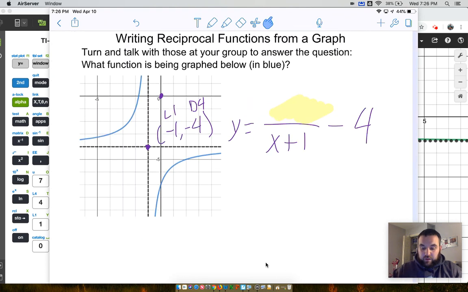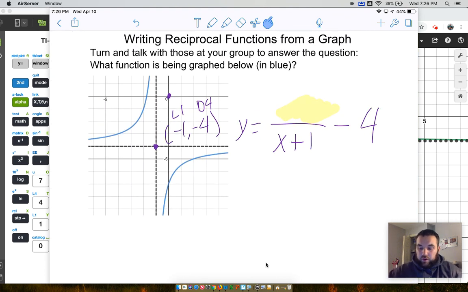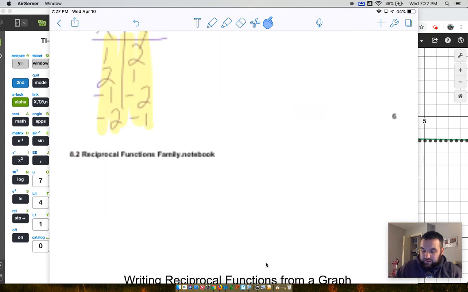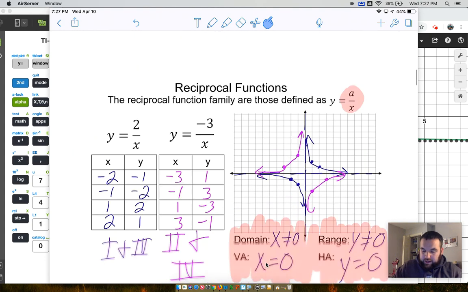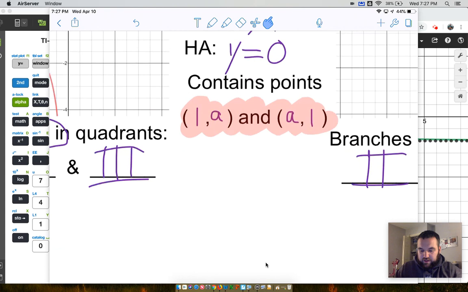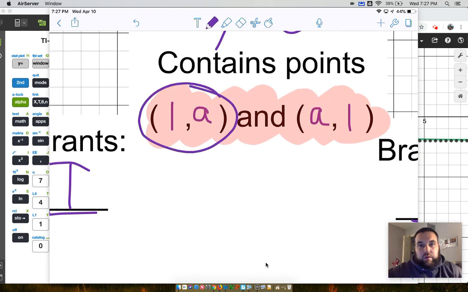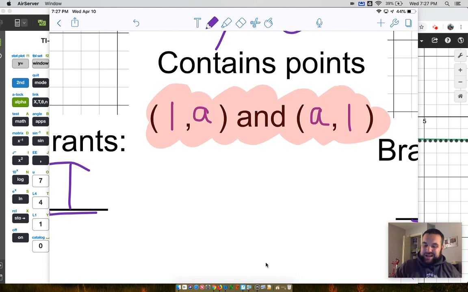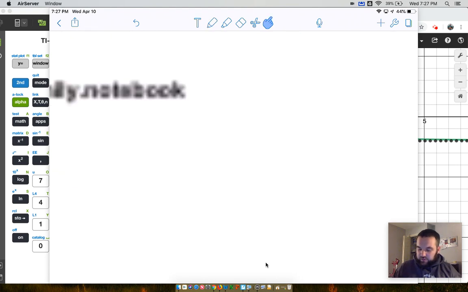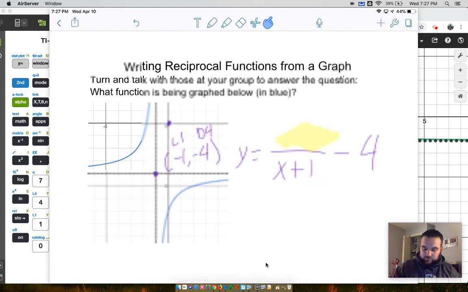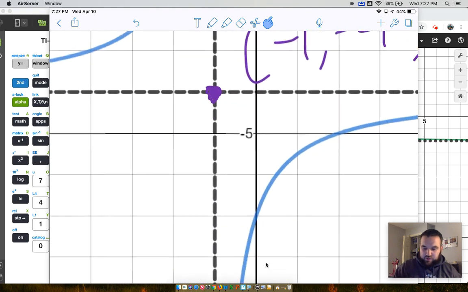In order to do that, we're going to go back to an earlier slide and use this fact right here, that the reciprocal functions have to go through 1, a. How we're going to use that is I'm going to look at where the asymptotes cross right there.